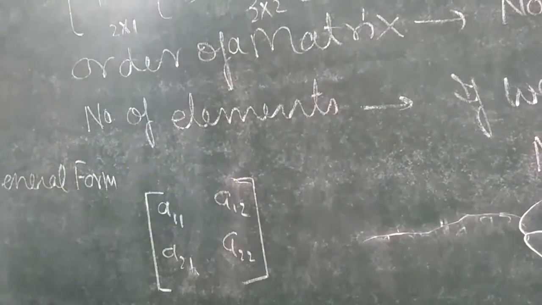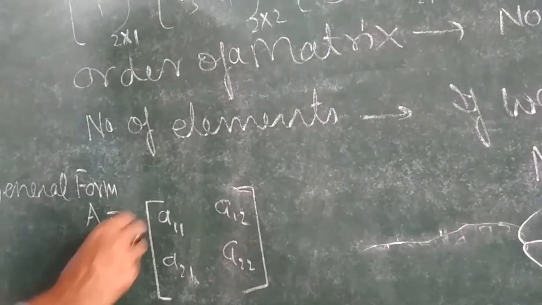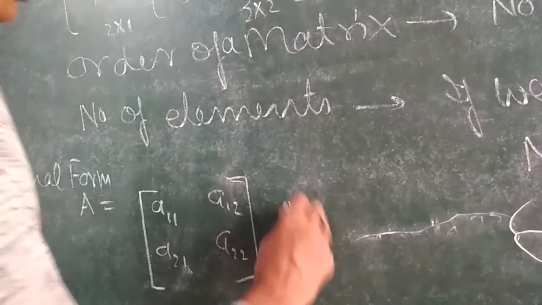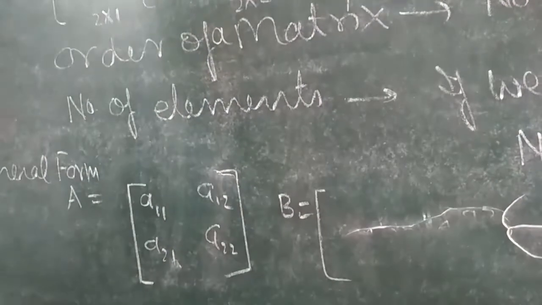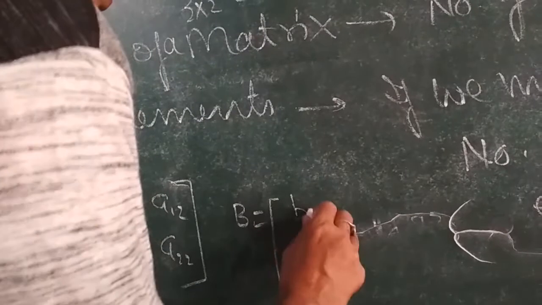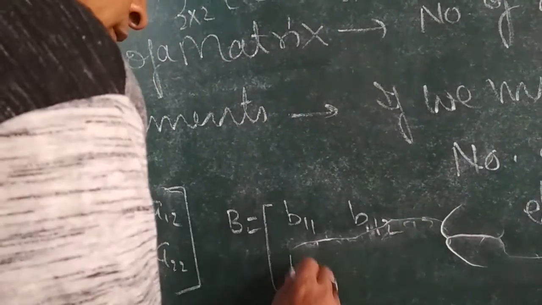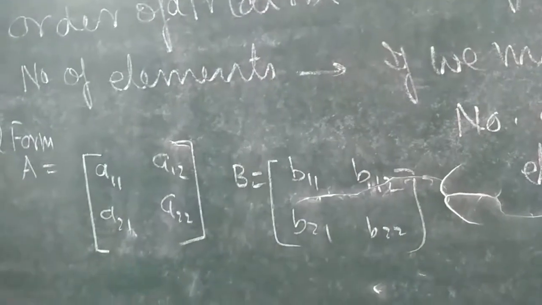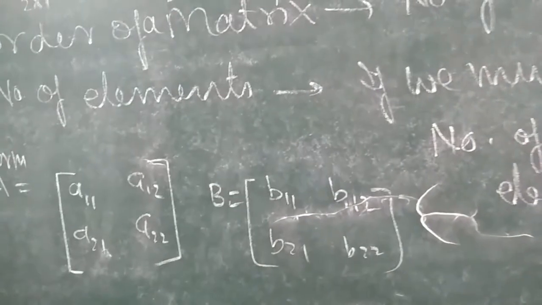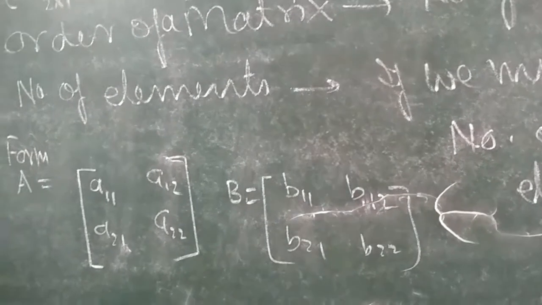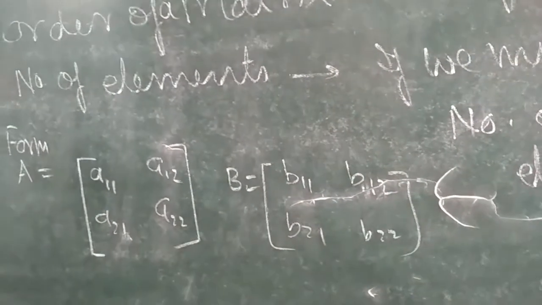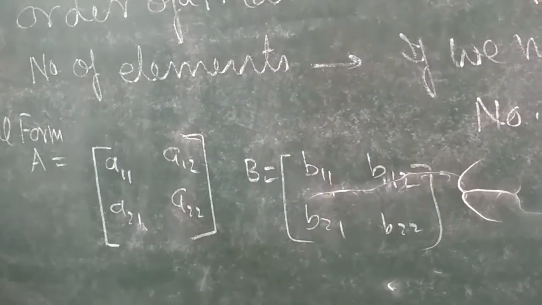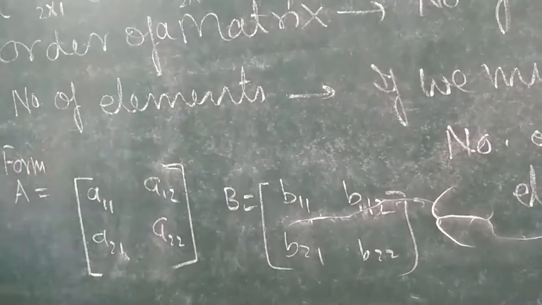So this is the general form of any matrix, and we represent it by capital letters, that is capital A. In the same way, another matrix can be represented B11, B12, B21, B22, like this. Both are square matrices, which are definitely in your syllabus. So there are 2 matrices which I write in the general form, first A and then B. 4 elements, 4 elements.